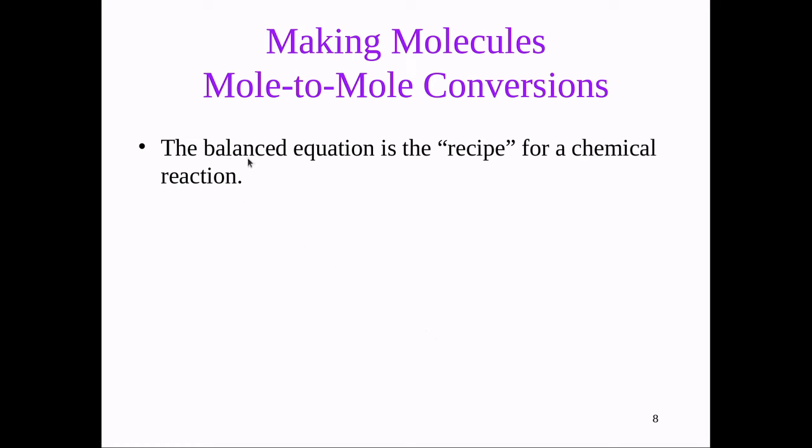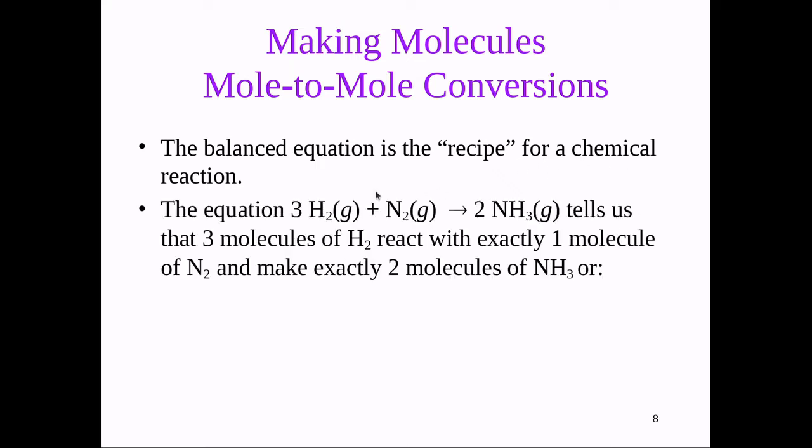So the balanced equation is the recipe for a chemical reaction. For instance, if we had this chemical reaction here, 3 hydrogen molecules plus 1 nitrogen molecule is going to make 2 ammonia molecules. This is telling us that 3 molecules of H2 are going to react exactly with 1 molecule of N2 and make exactly 2 molecules of ammonia.